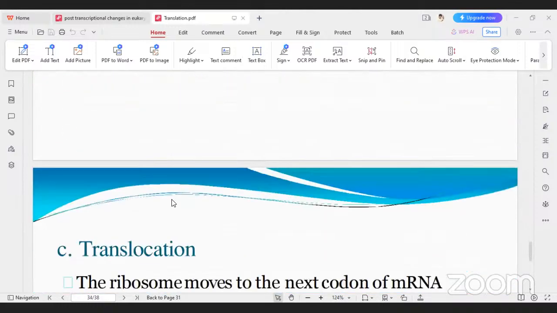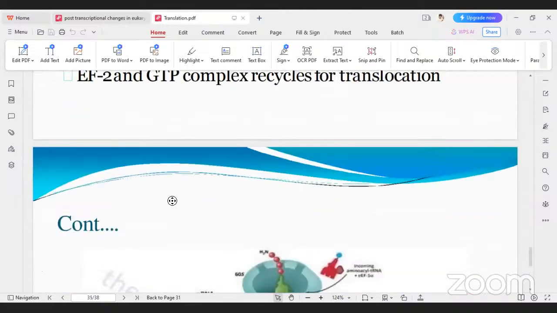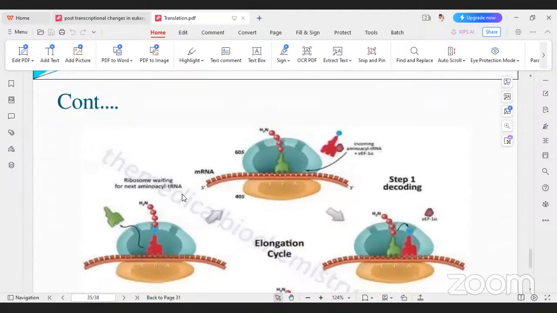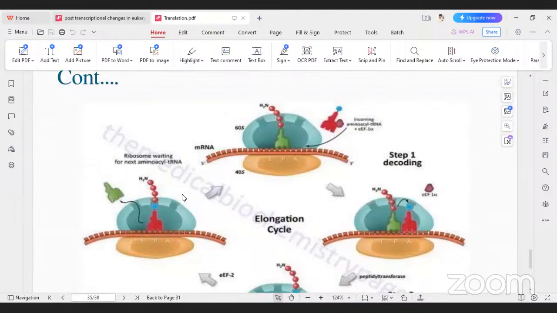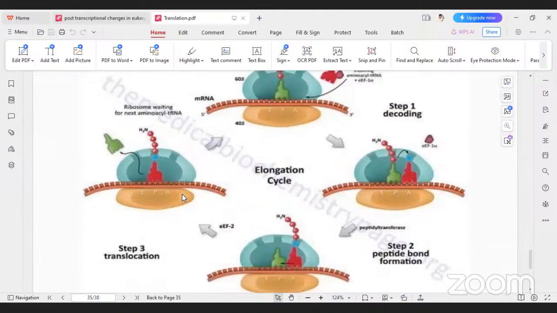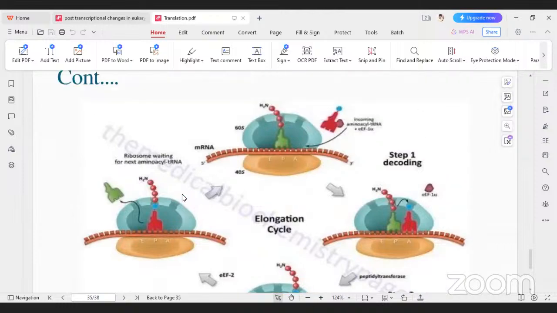Let's see the diagram of the elongation cycle, see here.